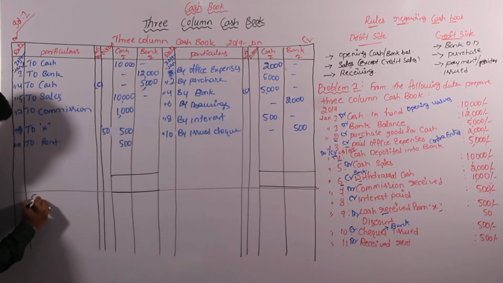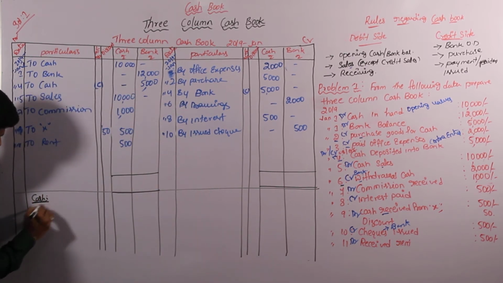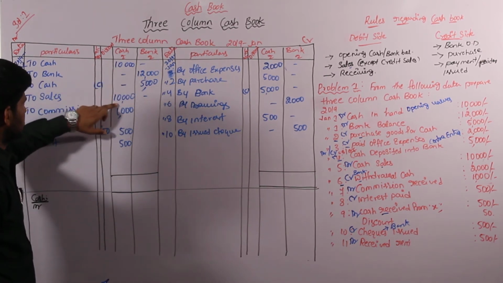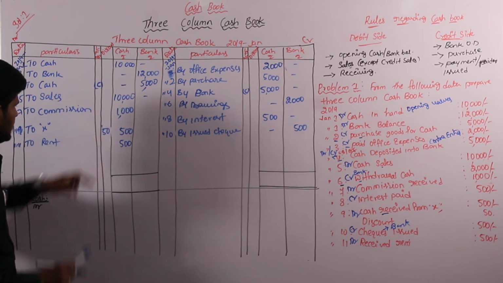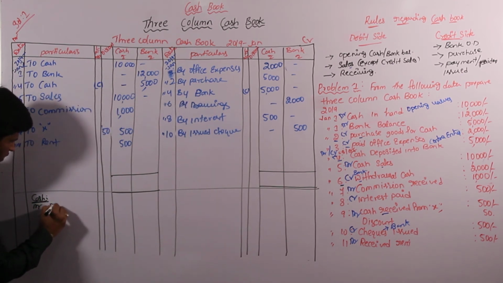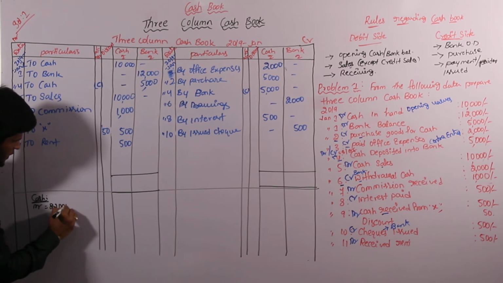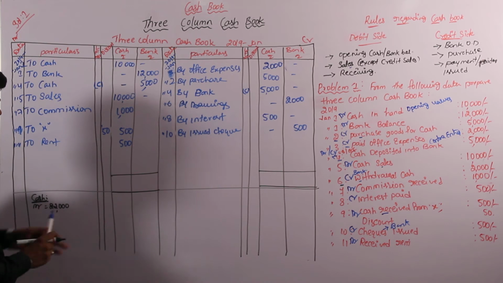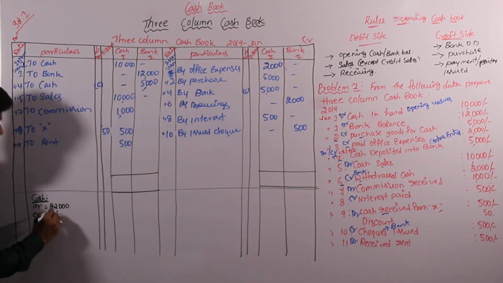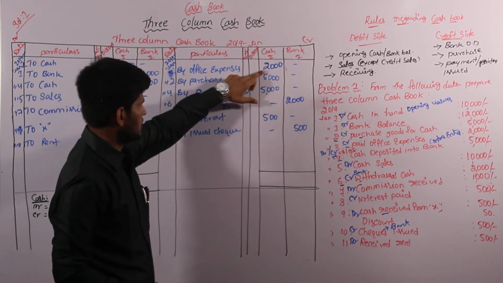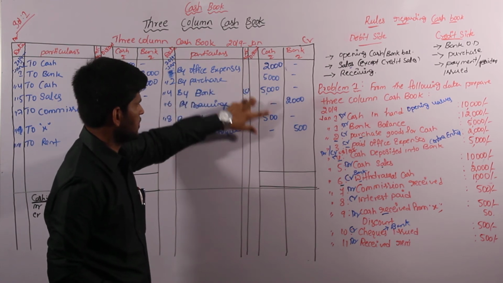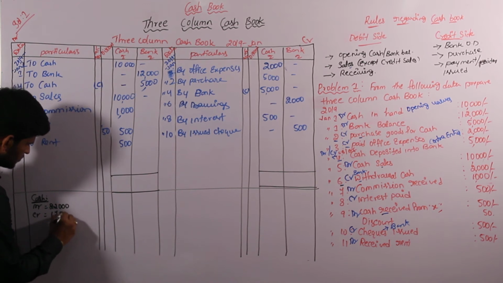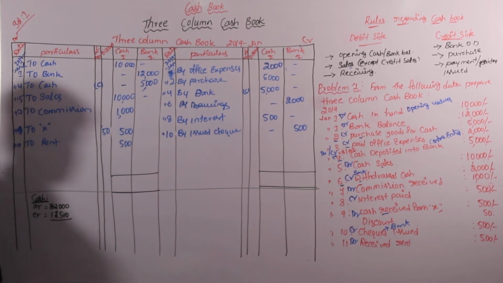First we have to check the cash column values. On the debit side we have to find 10,000 plus 10,000, 20, 21, 22,000. On the debit side the cash value is 22,000. Once again we see 10 plus 10, 20, 21, 500, 500, 22. And on the credit side we have to find 2,000 plus 5,000 plus 5,000, 12,000, 12,500. We have to balance these values.